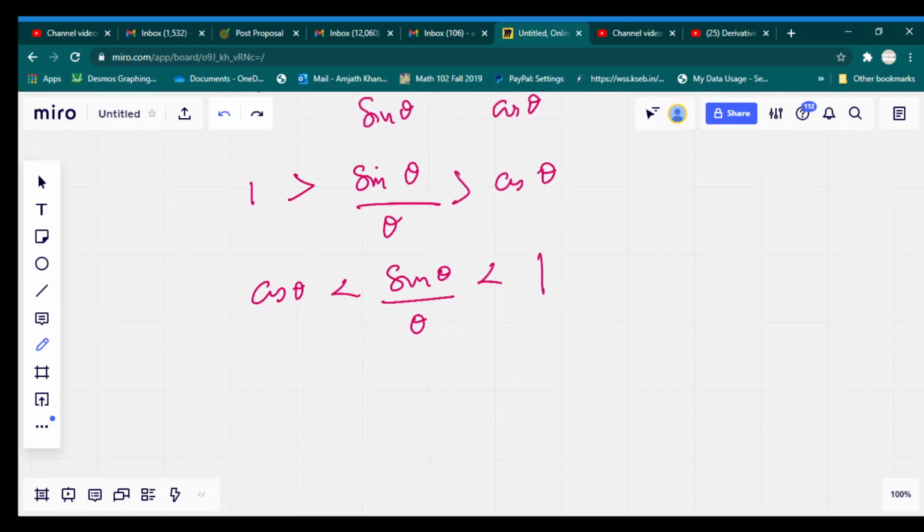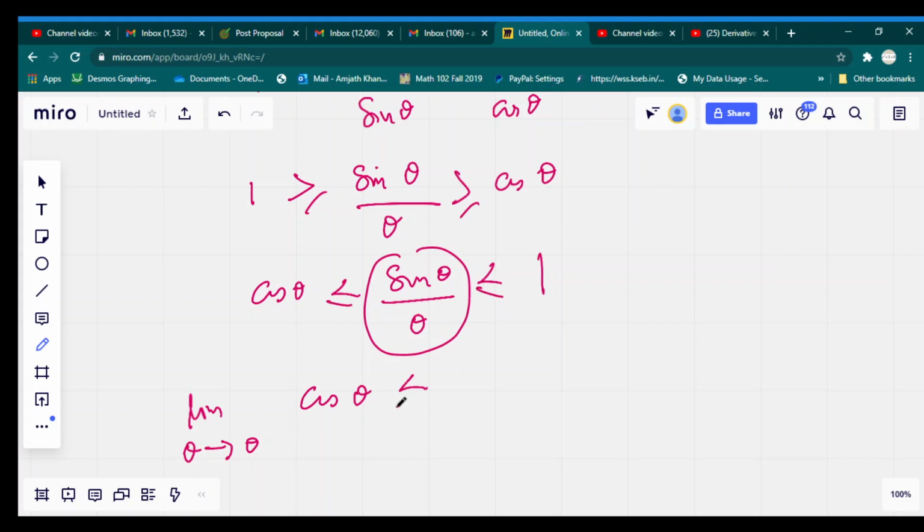The limit as theta approaches 0: cosine theta is less than or equal to sine theta over theta, less than or equal to 1.